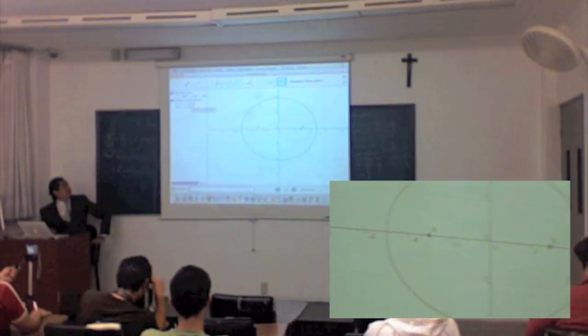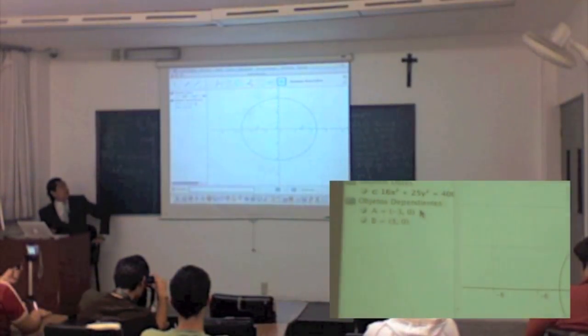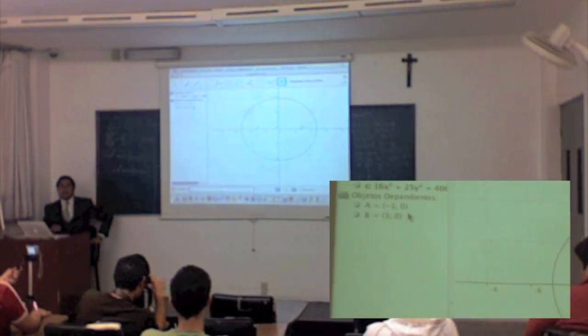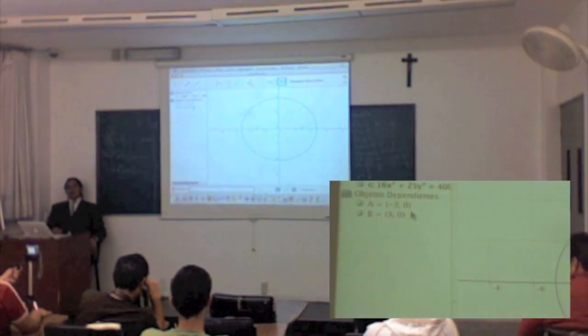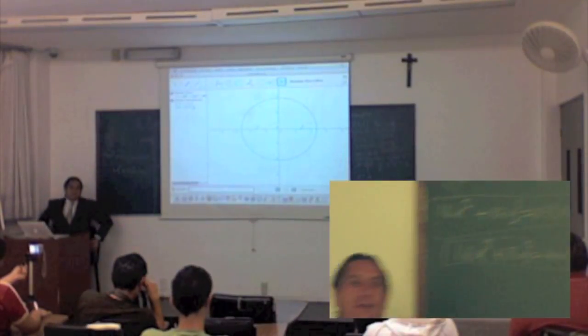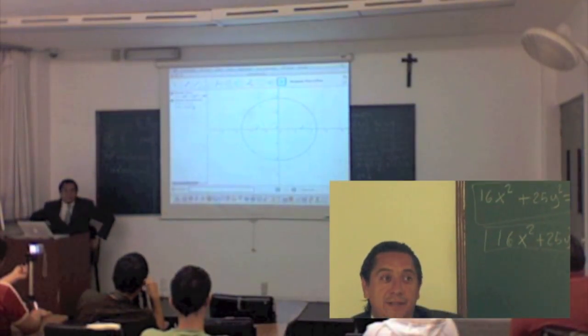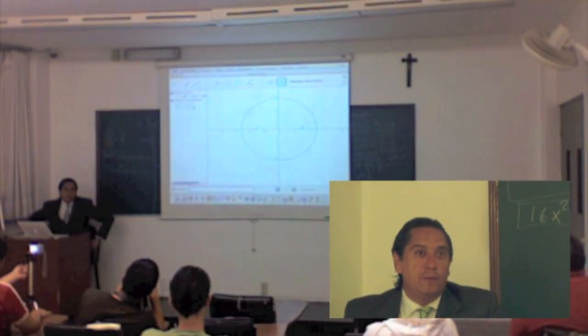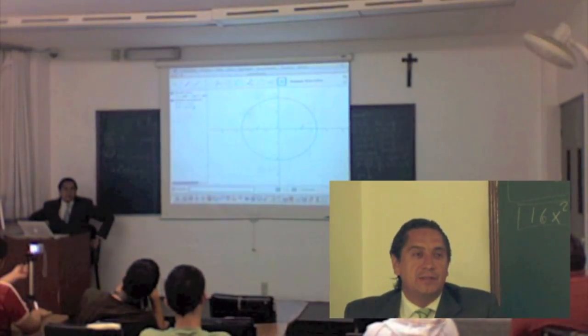We can see the focus is (-3, 0) and (3, 0). We are right. Okay? This is the ellipse. It's a conic form from analytic geometry. It's a pleasure for me. Thanks.